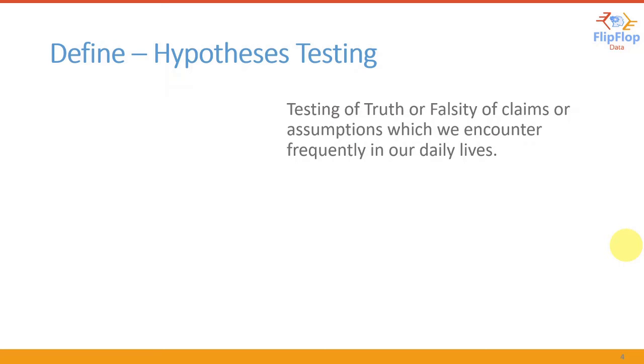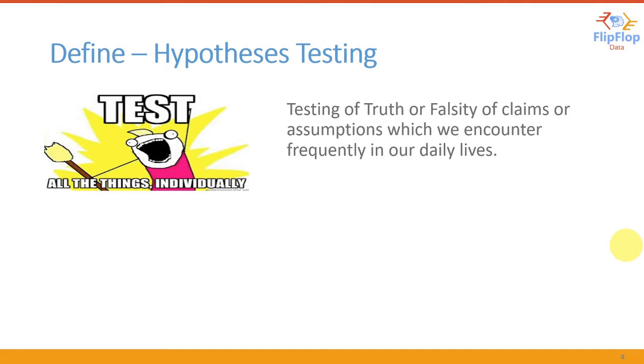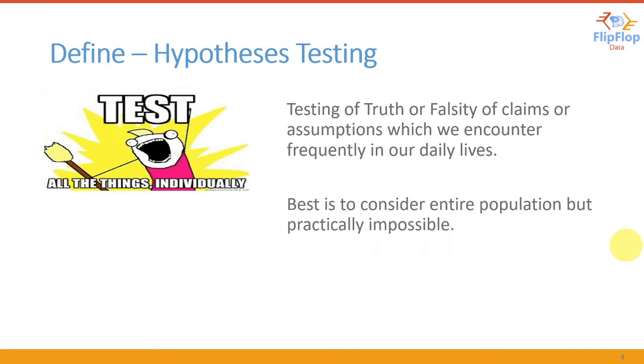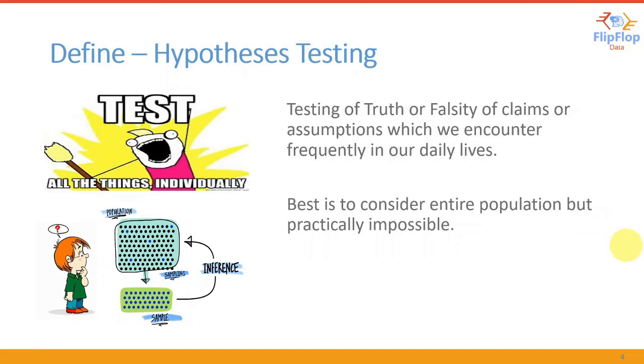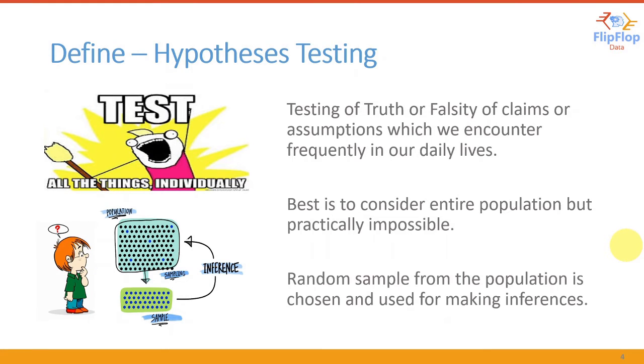Although the truth or falsity of a claim or statement is never known unless we examine the entire population, practically it is almost impossible to do so. Hence, we take a random sample of the population under study and use the information contained in the sample for decision making, that is, making inferences in terms of whether a claim is true or false.